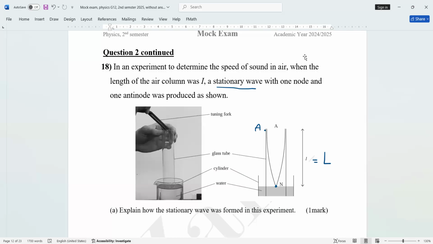So the wave is reflected by the water surface, and this is the incident wave, and this is the reflected wave, which interfere to produce the stationary wave. So I write this for you.